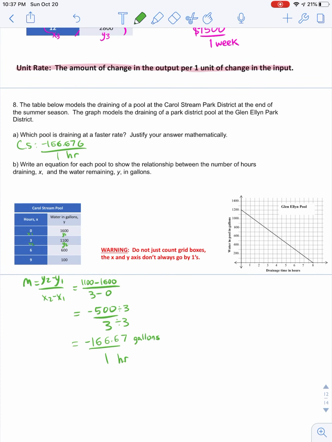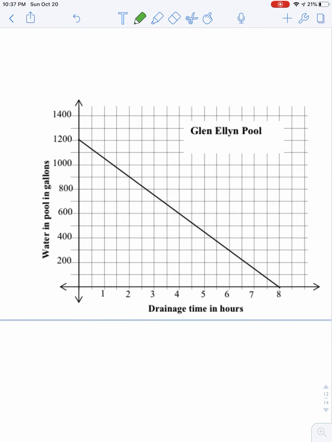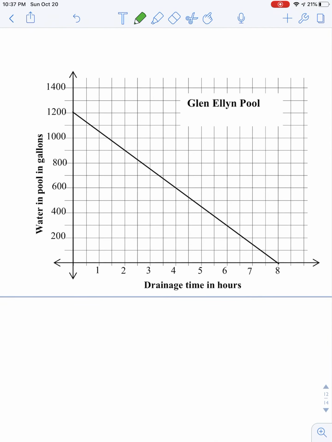For Glen Ellen, we're looking at a graph here. I see a nice point at 0, 1,200. And I see another nice point down here at 2, 900.